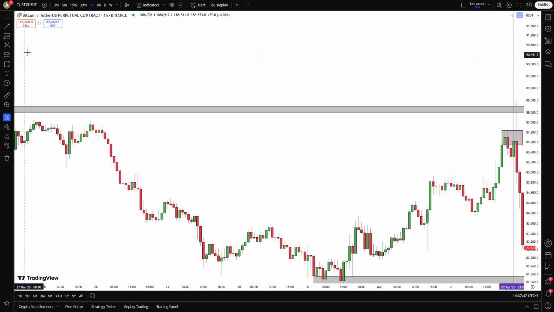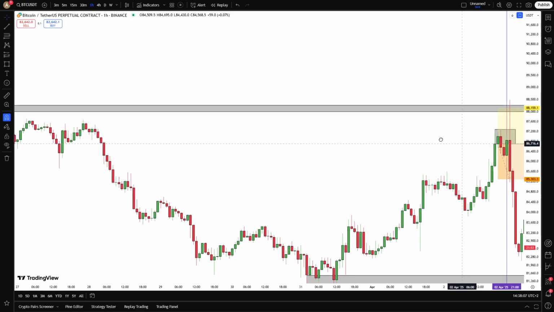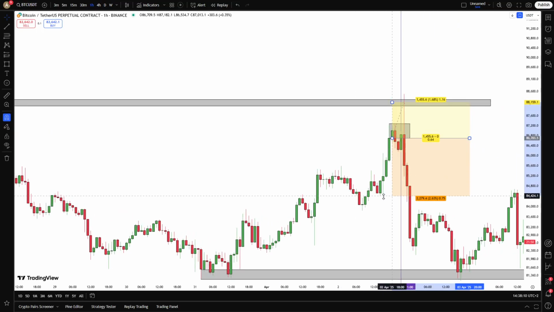If you look at it from this perspective, even if someone longed this, either this was your invalidation or this. But let's look at it the way I like to. Where price currently is, we put the long bracket, we search for the proper stop loss, we target the high. Bad trade again. There's no clear invalidation and the possible profit is really tiny.